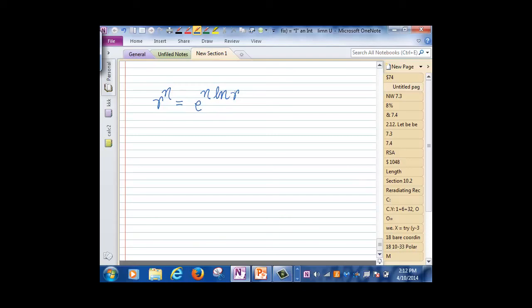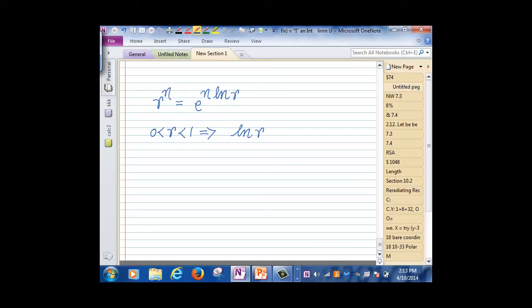Everybody remembers this? Okay. Now, suppose that r is between 0 and 1. Suppose that r is between 0 and 1. Okay? Now, that implies ln of r.